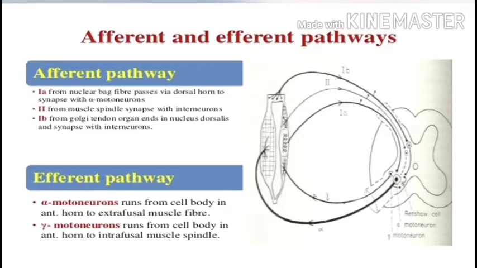The extrafusal fibers have contracted. As a result, there would be no more stretch in the middle portion of the muscle, so no impulse will go from the periphery to the center. The center will become totally unaware of the location, position, and state of the muscle. So the muscle will be unloaded. Thus alpha gamma co-activation prevents unloading of the muscle.